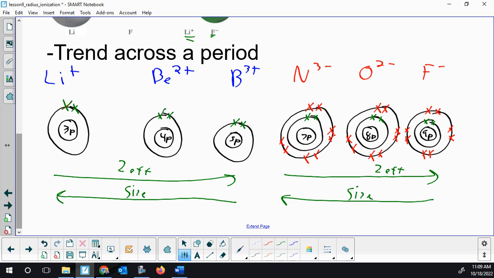And across every period of representative elements, we're going to see this same type of trend. The cations get smaller, jump way bigger to the anions, and then they decrease. But you have to realize there's that big jump in size from 1 to 2 energy levels.